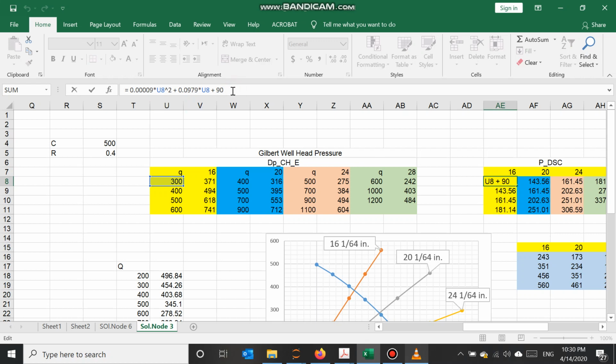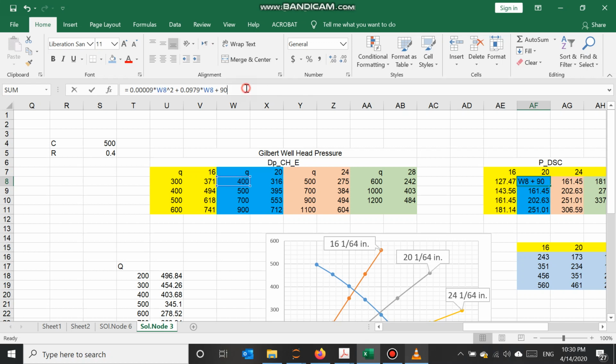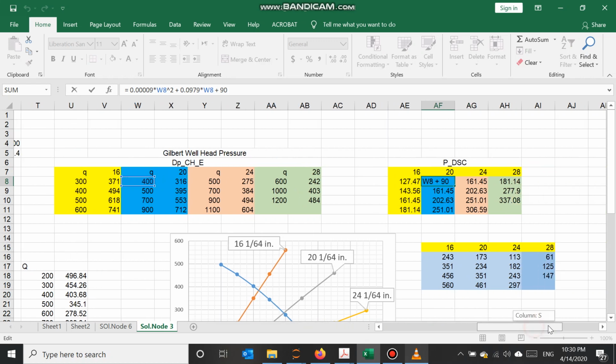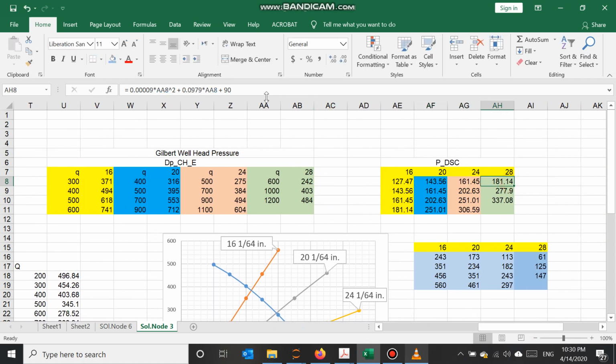So you get the pressure drop downstream of the choke. For the 20 bean size, I use the Q of the 20 bean size that I assumed. Same thing for 24, same thing for 28. I use these flow rates to predict the downstream choke.